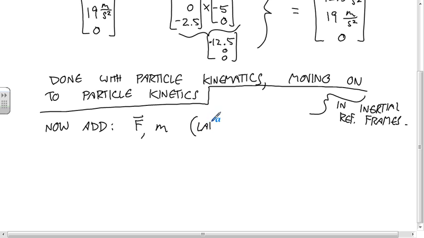So now we're talking about particle kinetics, and so we're adding force vectors and mass, but later when we go on to rigid body kinetics, we're going to add moment vectors and moments of inertia. For particles, we don't care about moments and moments of inertia because we don't talk about changes in orientation of particles. We're only concerned with their location, okay?